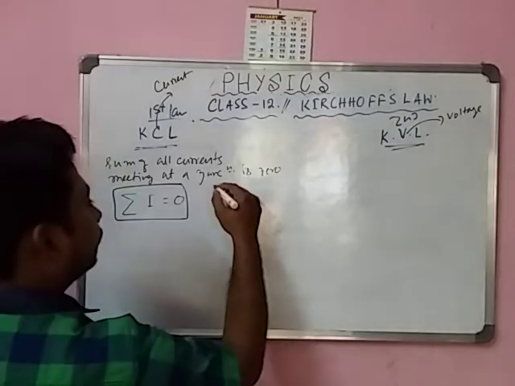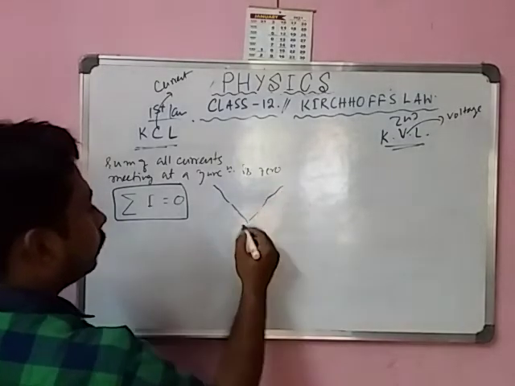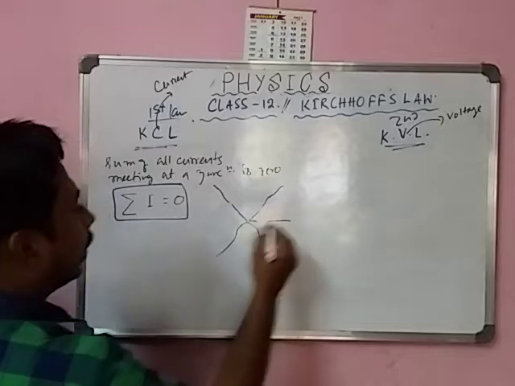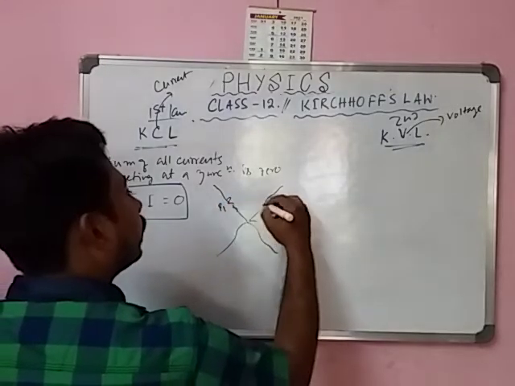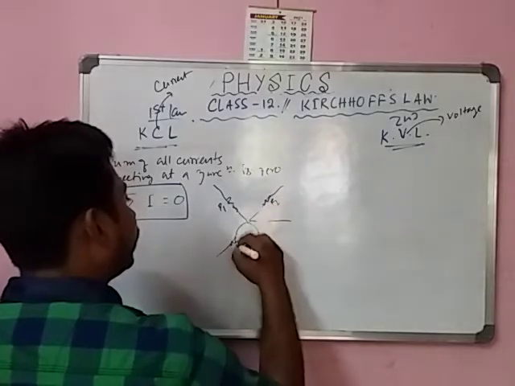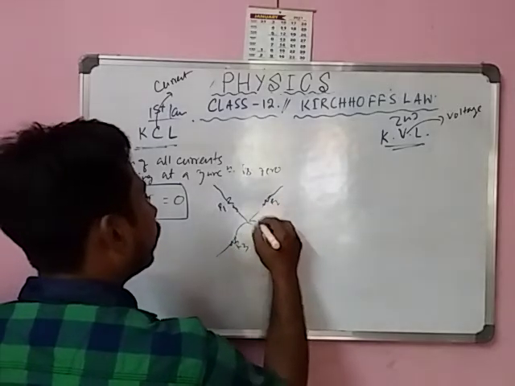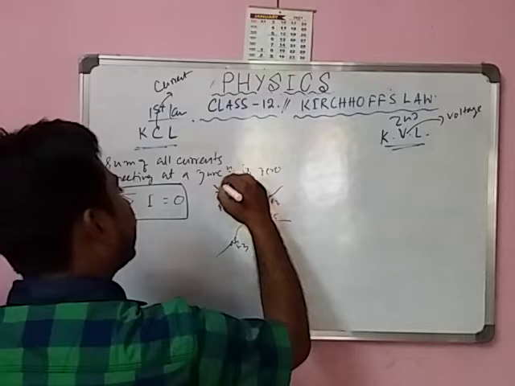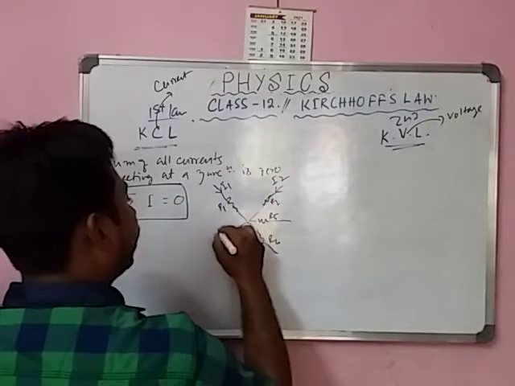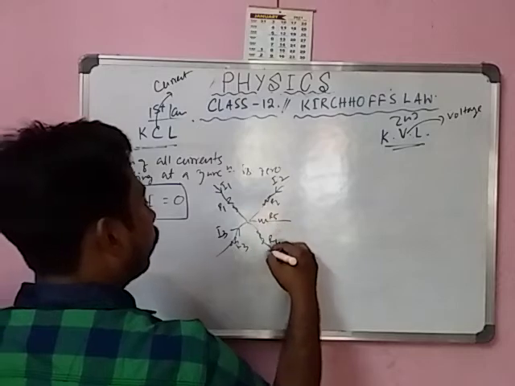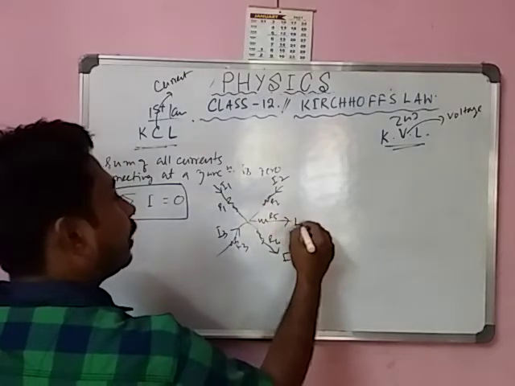Suppose there is a circuit with some resistances R1, R2, R3, R4, R5. Currents I1, I2, I3 enter this junction O, and I4, I5 are leaving.